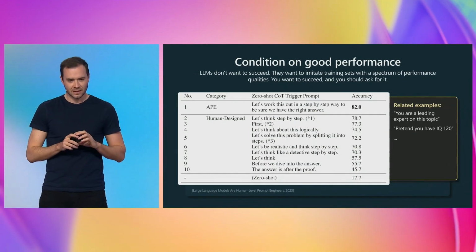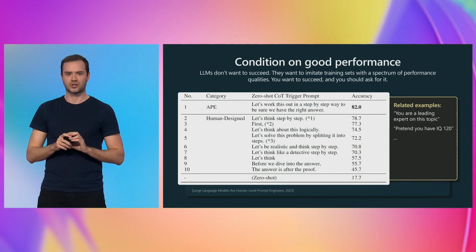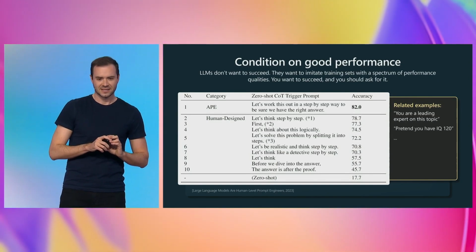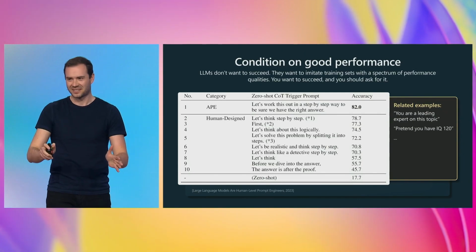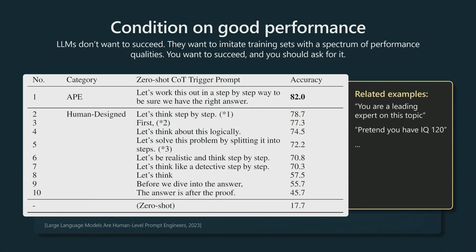The next thing that I find kind of interesting is this following, I would say, almost psychological quirk of LLMs: LLMs don't want to succeed. They want to imitate. You want to succeed, and you should ask for it. So what I mean by that is, when transformers are trained, they have training sets, and there can be an entire spectrum of performance qualities in their training data.